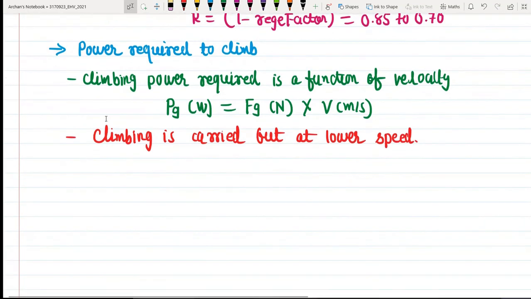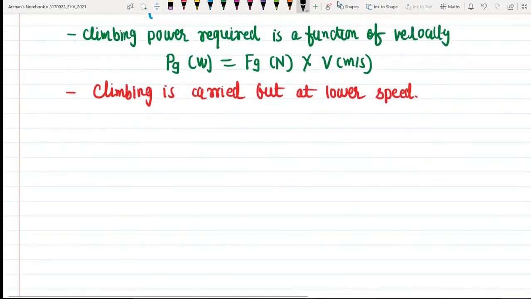So this is the basics of climbing. Now let us try to understand the actual power required for acceleration in this particular case. You must know the force required to reach a certain speed. So the actual question is, what will be the force required to reach the maximum speed, say Vf, in time t seconds?